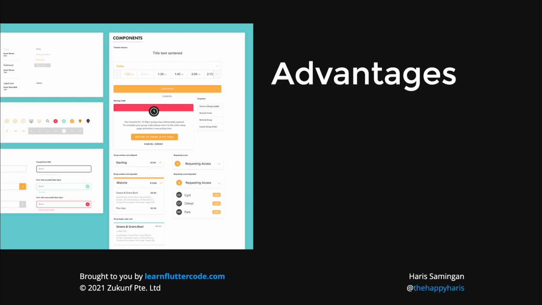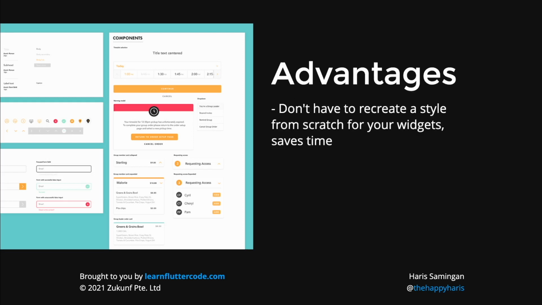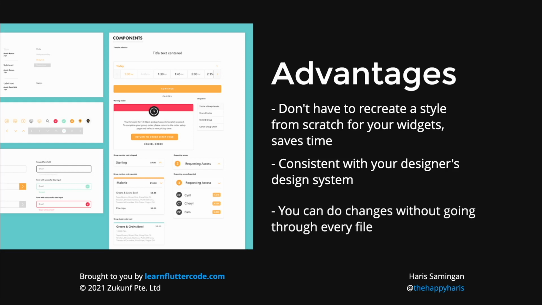And the advantage of using theming is that you don't have to recreate a style from scratch for your widgets because it is shared across your app. It saves time, and if you were to work with your designer, it is actually consistent with your designer's design system. And lastly, you can do changes without going through every single file.